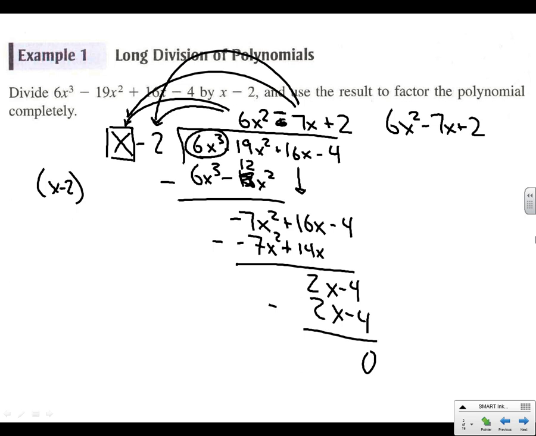Now when we look at this, could we factor 6x squared minus 7x plus 2? We can break it down. Let's see, 3 and 2. Let's see if it's going to go in here. We'll do a 1 and a 2.